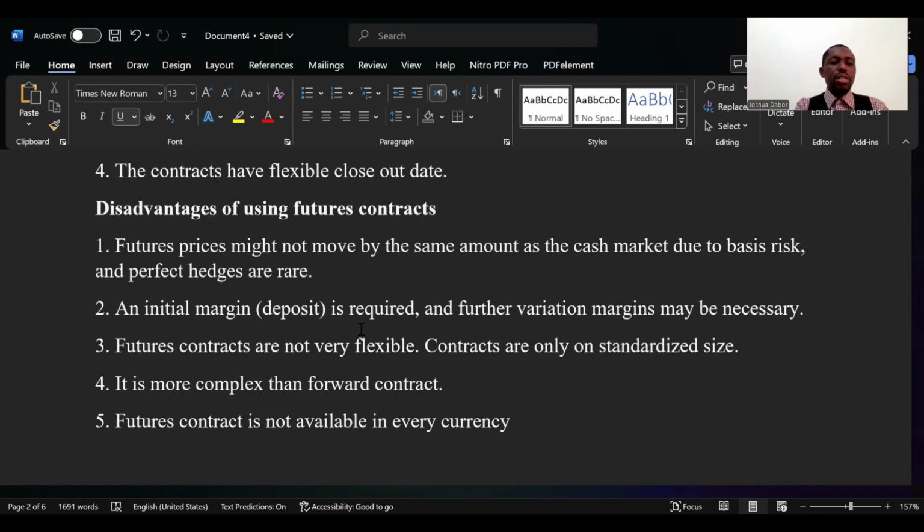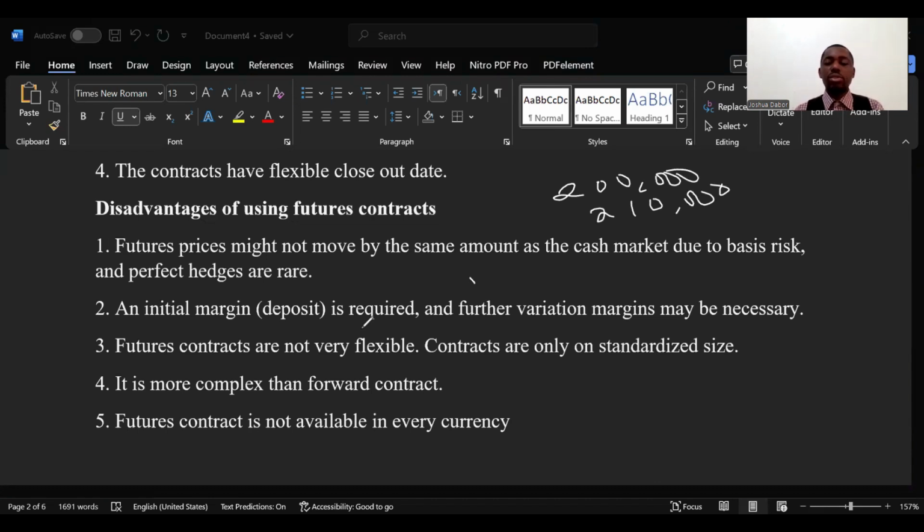One of the advantages of the forward contract is that it is tailored to the specification of the company. The company can hedge any amount with the forward contract. The company can decide to hedge 200,000 or 210,000 currency. But the futures contracts are standardized contracts that are in units.